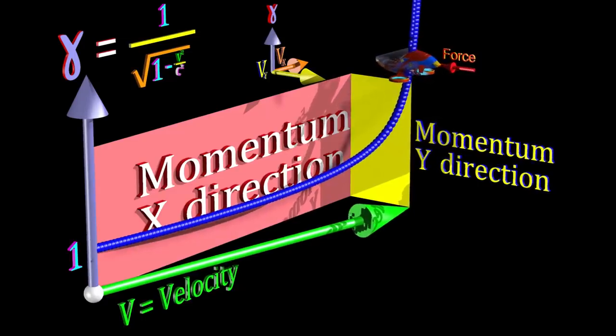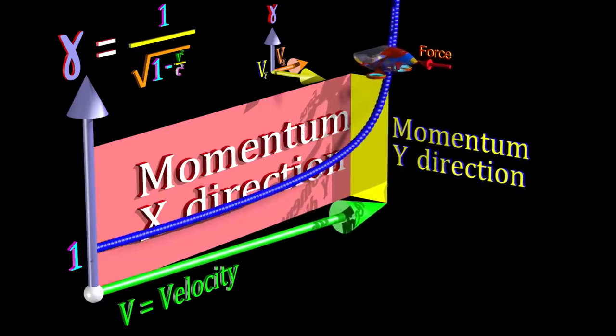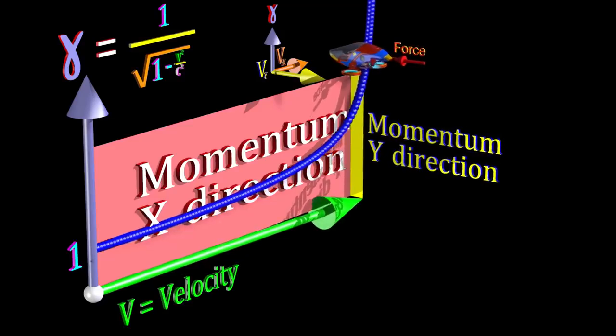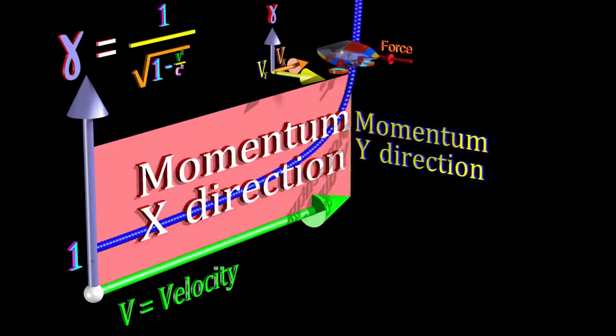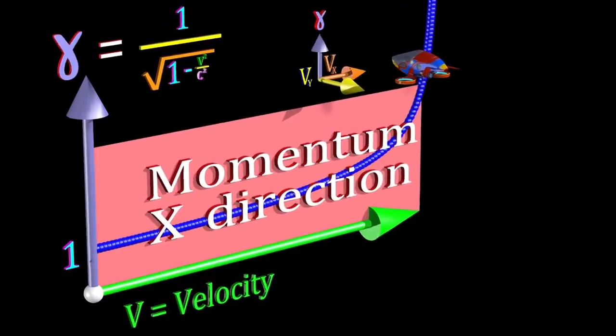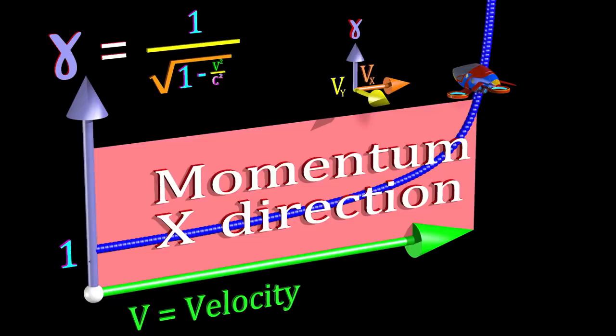This is to keep the rate of change of the rectangle's area the same, despite the fact that the rate of change in gamma is different in the two cases. Therefore, a force perpendicular to the velocity produces a greater acceleration than does the same force applied parallel to the velocity.